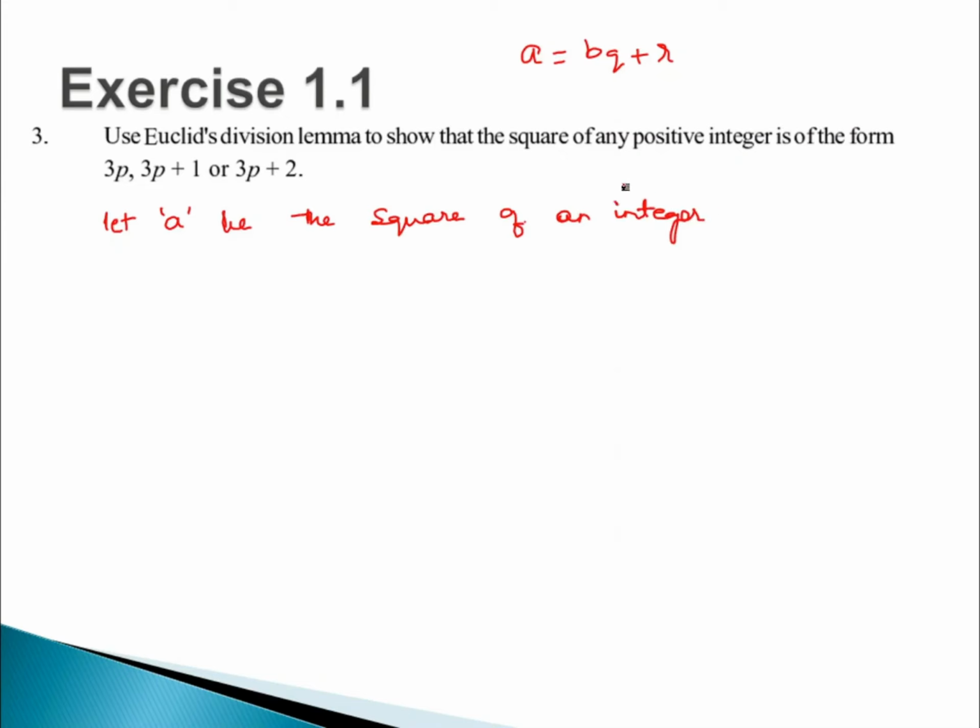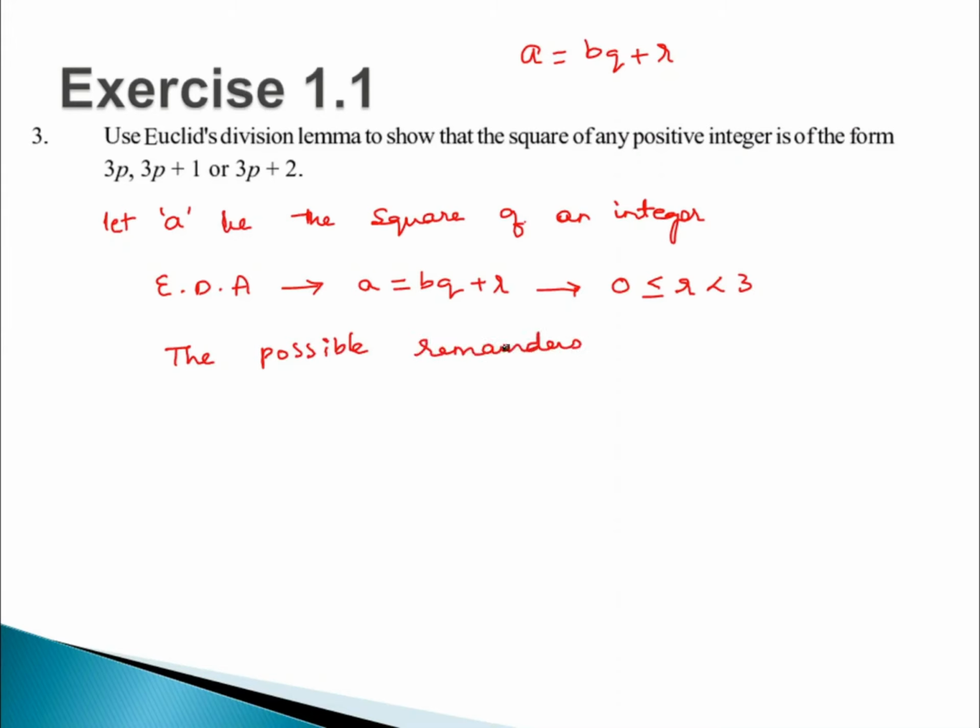So by applying Euclid's division algorithm, that is A equals BQ plus R, I am getting the values of R lying between 0 less than or equal to R less than 3. So the possible remainders are 0, 1 and 2.